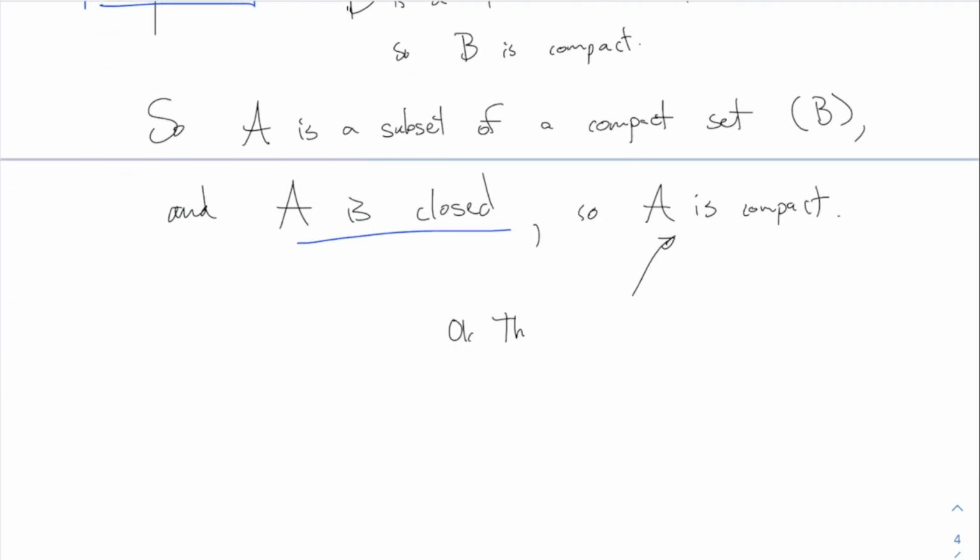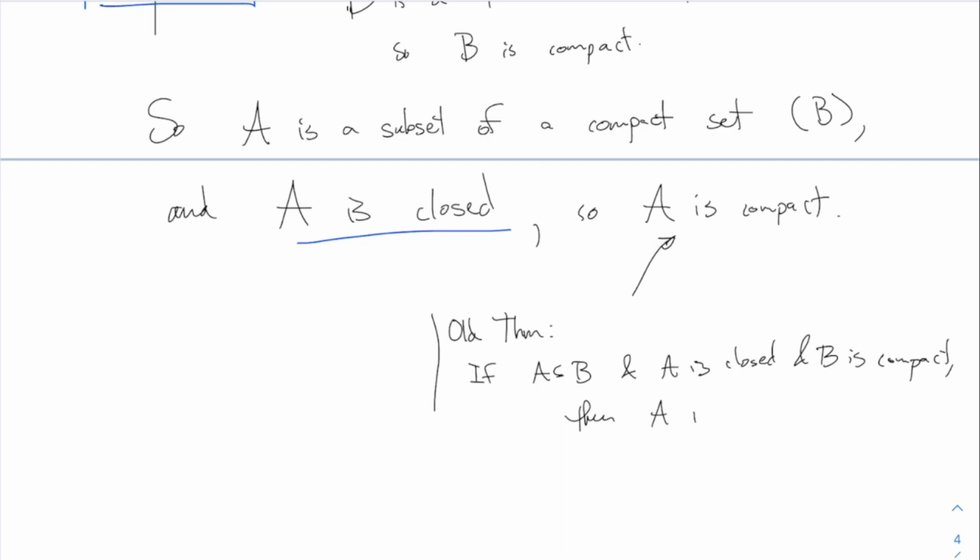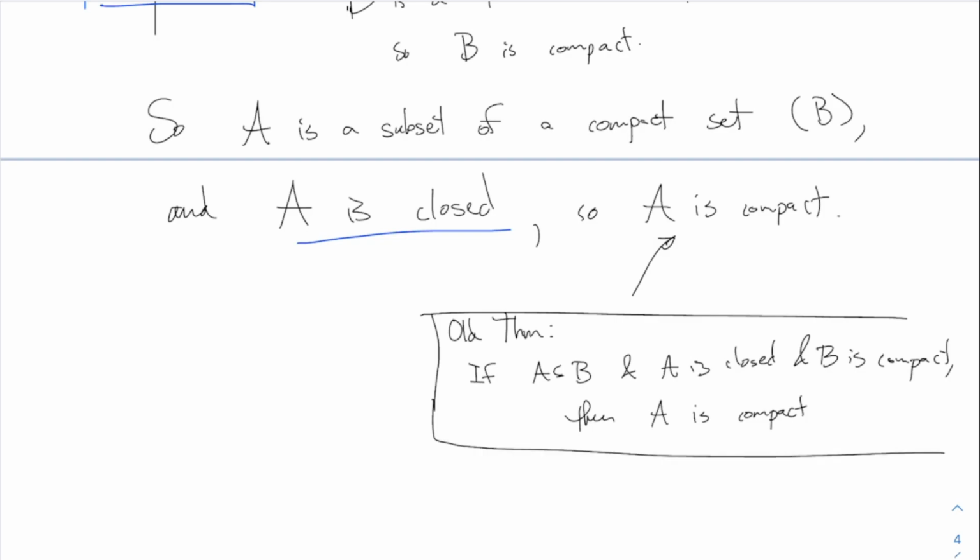This was an old theorem, old meaning like last week, that says if A is a subset of B and A is closed and B is compact, then A is compact. So all of these things were nicely laid out before to make this proof work. All right? And that's the end, right? This is what we had to show. We assumed it's closed and bounded, and we had to show that it's compact. And that's what it is.